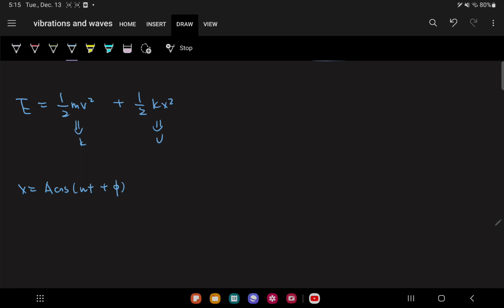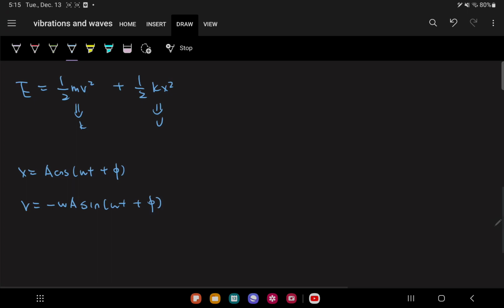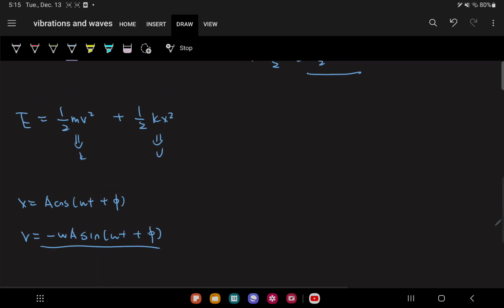And our velocity, if we take the derivative of x, is negative omega A sine(omega t plus phi). So this is going to be our v. If you look back at this equation, you can plug the x in it, and also plug the v in it.